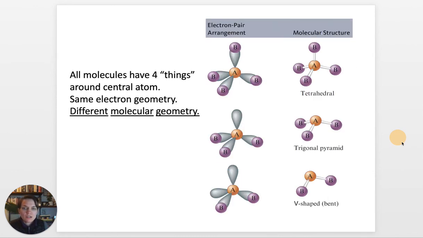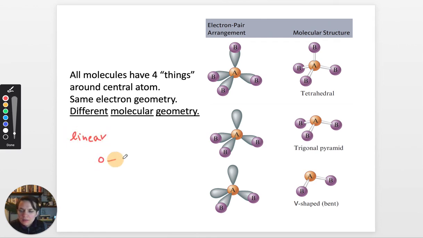So if it's linear, it's pretty straightforward. 180 degrees. Very cool. Another example of a linear molecule would be HCl, right? Linear.